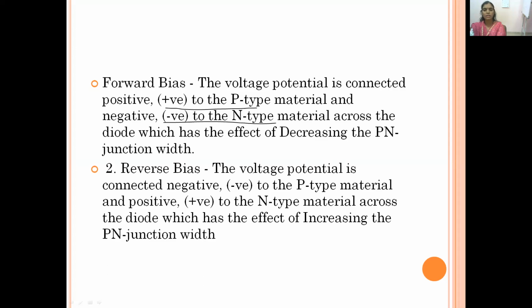In reverse bias, the voltage potential is connected negative to p-type and positive to n-type material across the diode, which has the effect of increasing the p-n junction width.